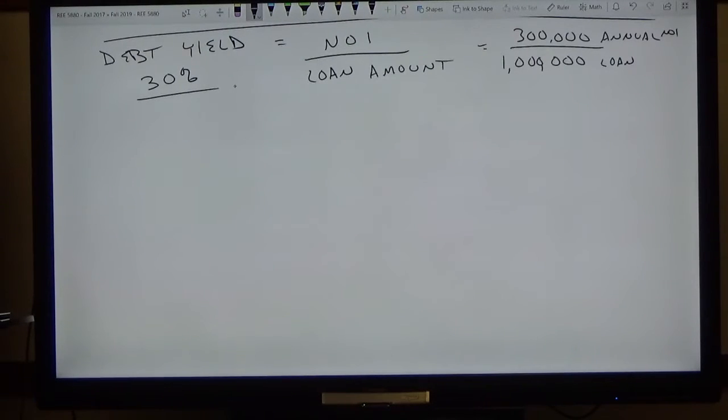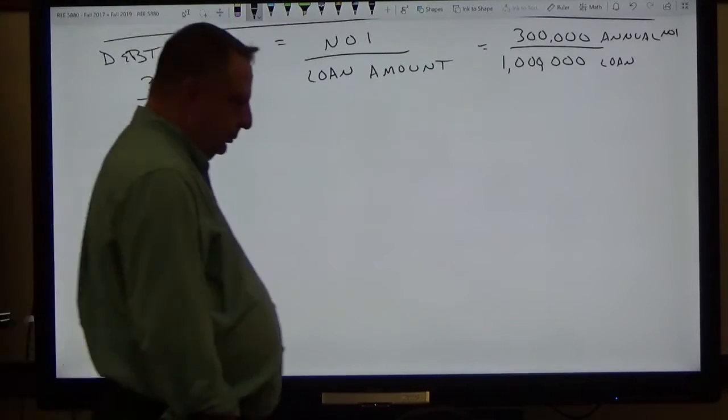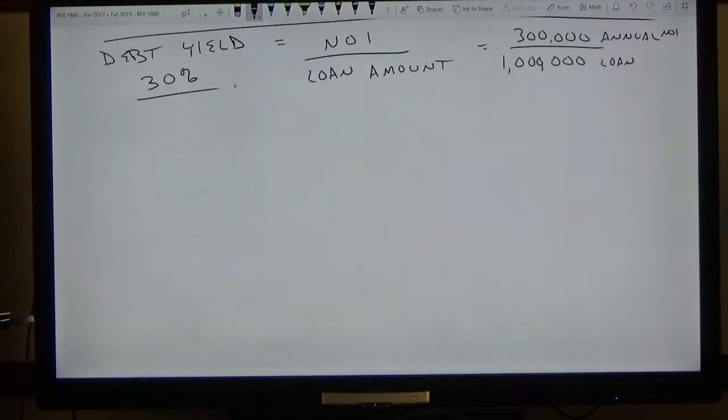Now, as a lender, think about this before you answer. Would you prefer the debt yield percentage to be high or low? High.